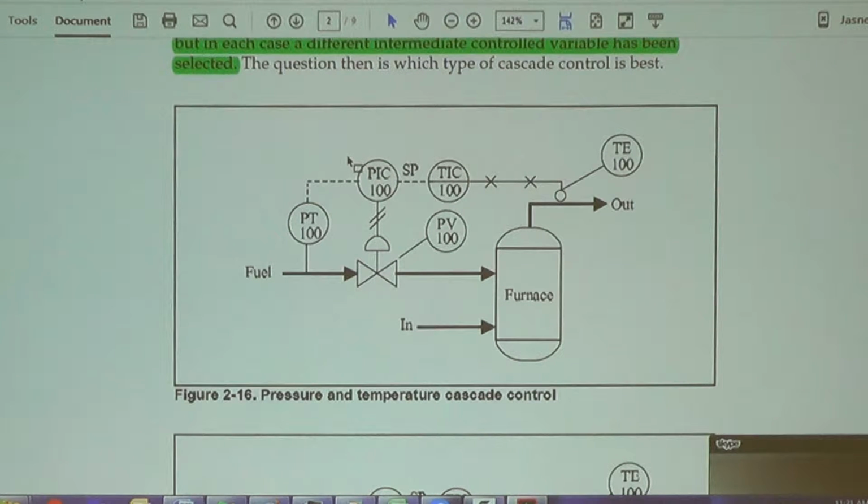So the PIC automatically becomes your external loop, because that is the one which is controlling the final control element. Your TIC is just doing a temperature indication, and taking that temperature, it is providing it to the PIC as the set point. Is that clear or no?